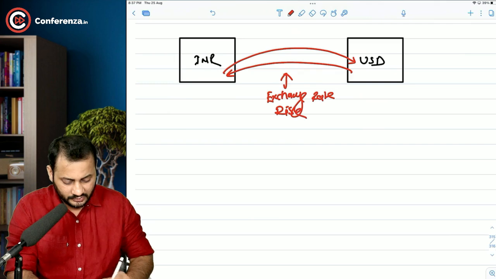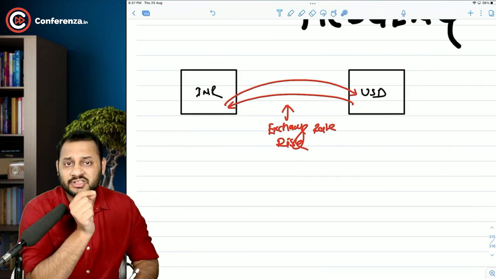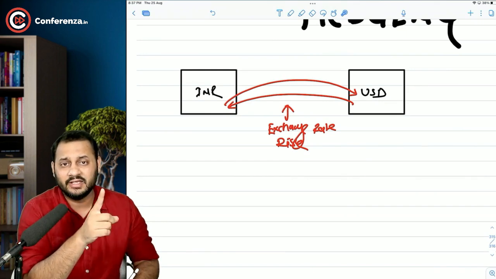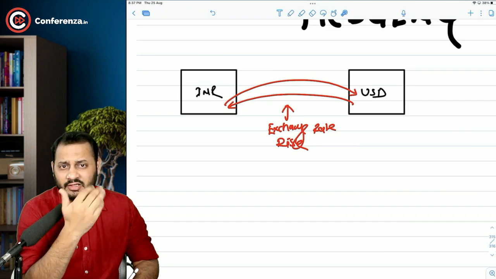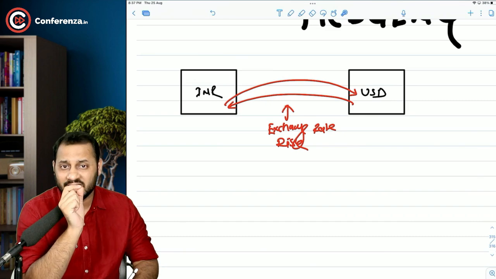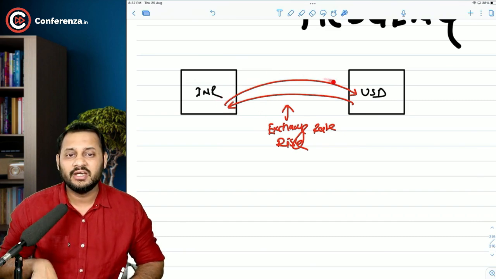Right? The concept of money market hedging is to frame a transaction in such a manner that at expiry or at maturity, whenever the receivable or payable has to be settled, there should be no cash flow from India to USA or USA to India.